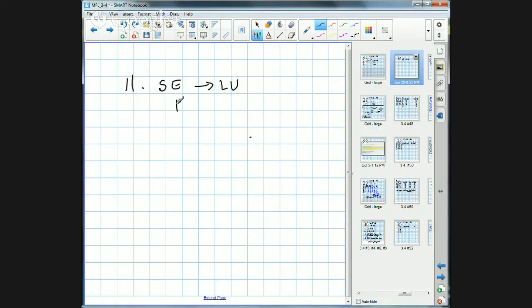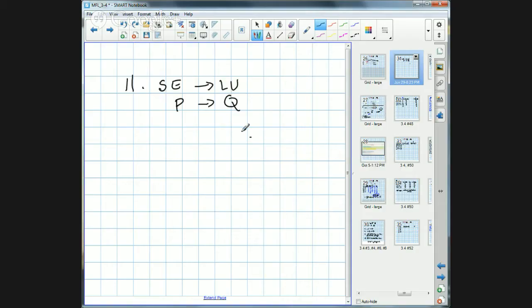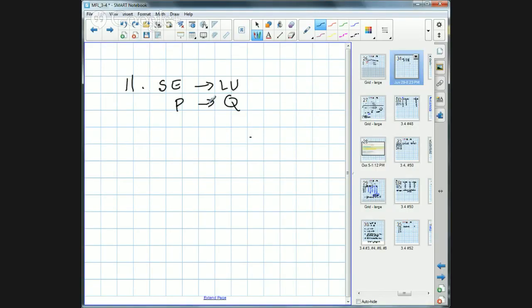Well, then it would be if P then Q. Stable economy, yeah, that's correct. I like the letters to match up with the sentence somehow, but you can do whatever.